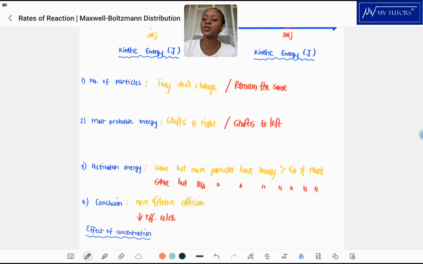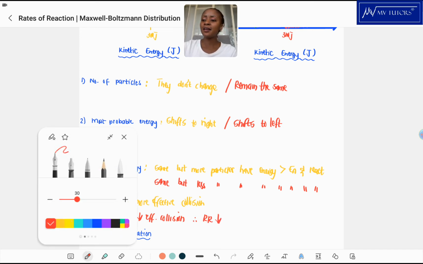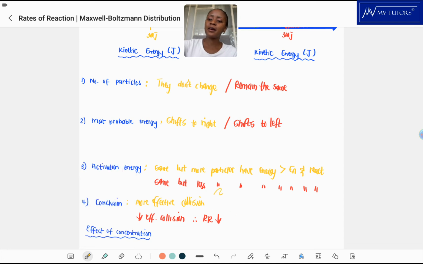No, that does not look right. It definitely has a double L. So less effective collision, therefore your rate of reaction actually decreases. Here, I forgot to put that part. Here, your rate of reaction actually increases if you increase temperature, which is what we expect.